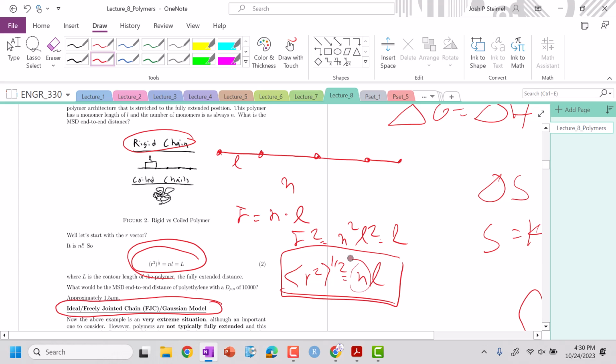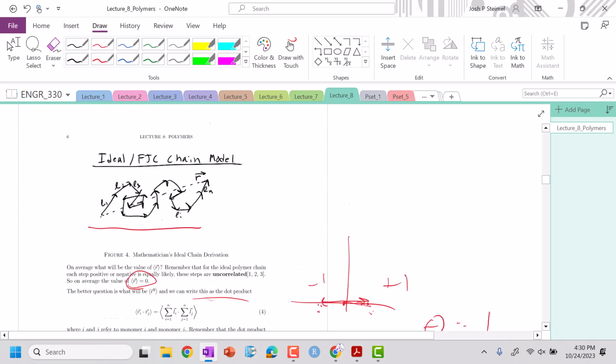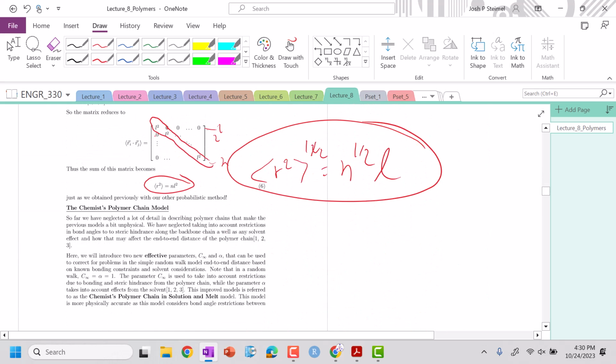L is just kind of like a prefactor. So here it's linear, but here we're to the 1/2 power, which makes sense because if I'm letting the polymer just randomly exist, that's going to be quite a bit smaller than when I force it to fully elongate. So that makes sense, at least conceptually.